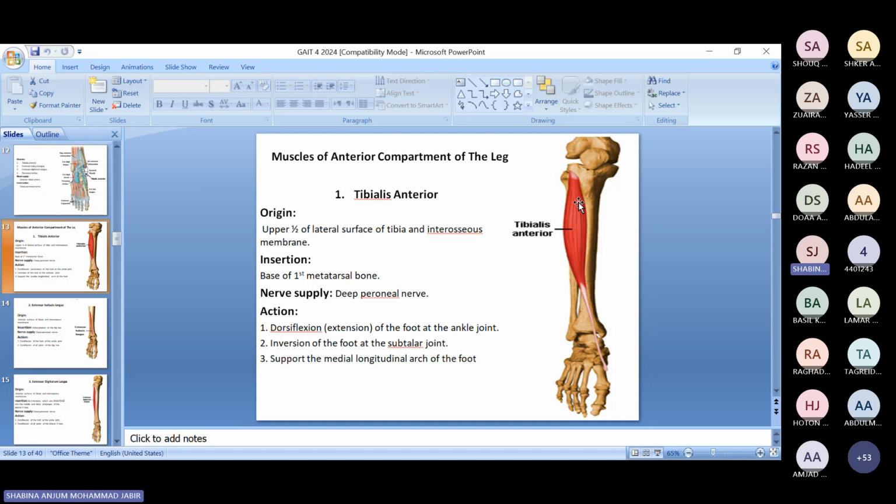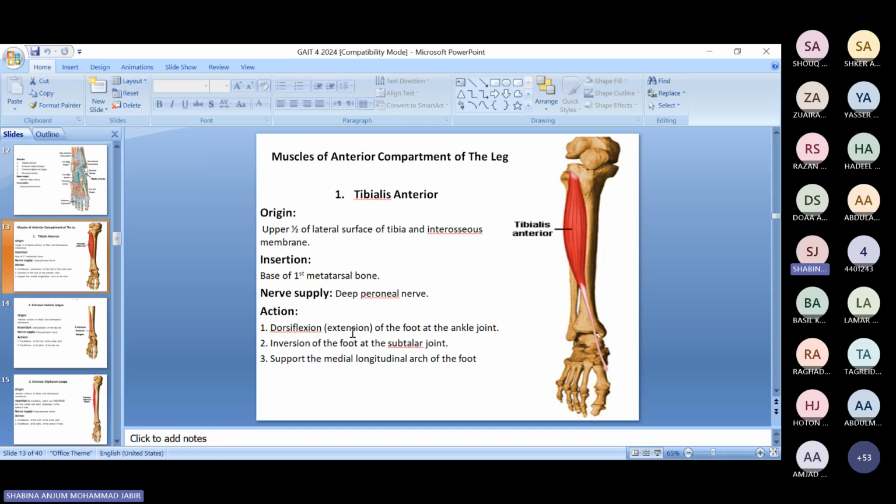So what will be the origin? Obviously, the tibialis anterior will take origin from the tibial bone and also from the interosseous membrane. Its insertion: it is the first muscle medially, so it will be inserted over the base of the first metatarsal bone. Just remember all these muscles you will now study are responsible for extension. It means now we don't call it extension.